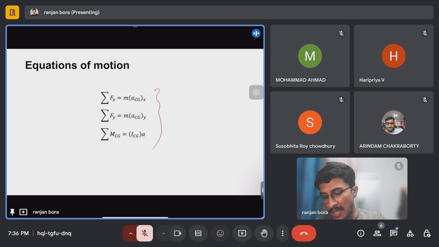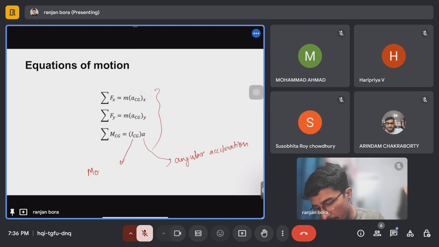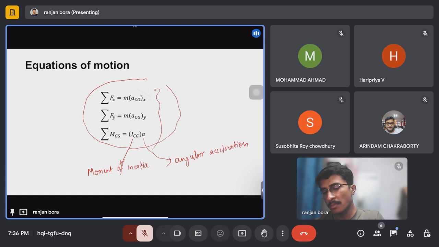Here alpha is angular acceleration and I is moment of inertia. So we'll use these equations to solve the problems related to kinetics.